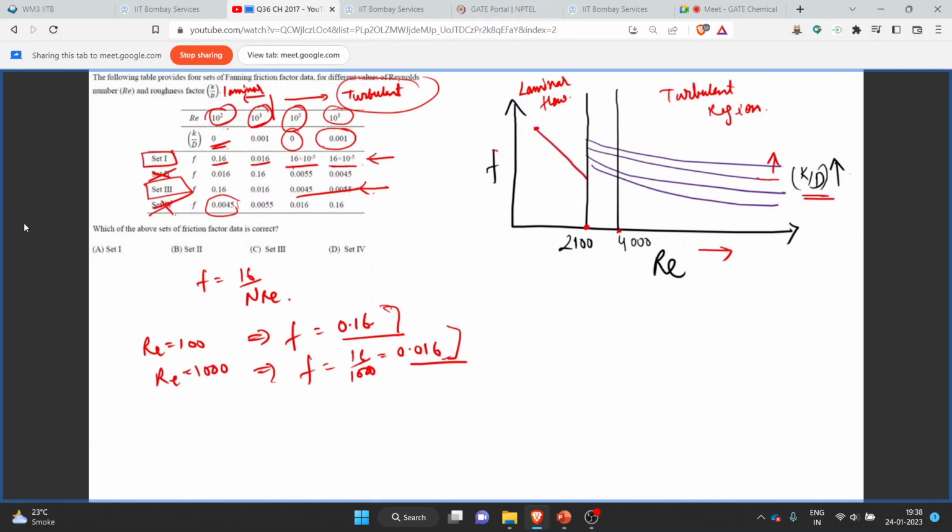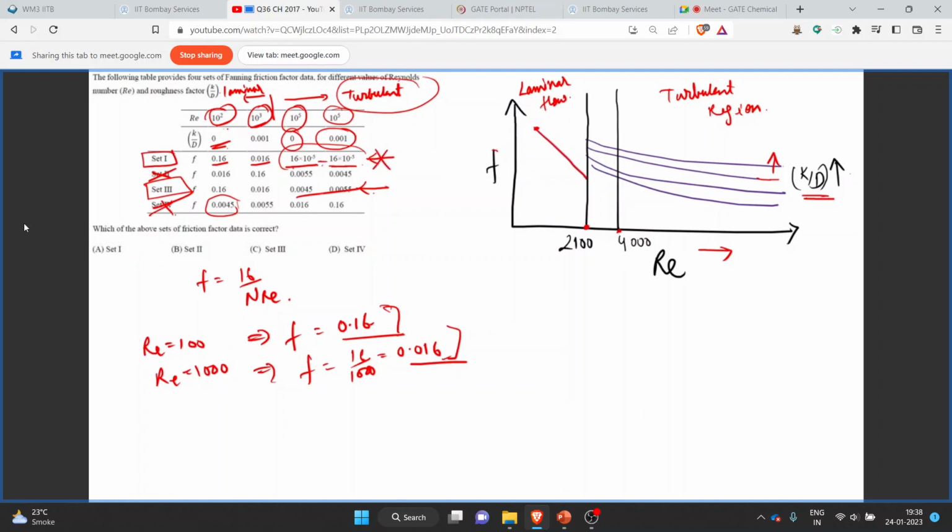That is, with a change in the roughness ratio K by D, the friction factor is not changing in this case. However, from the plot, the friction factor should change as we increase the roughness factor. So set 1 is an incorrect answer because it wasn't changing.